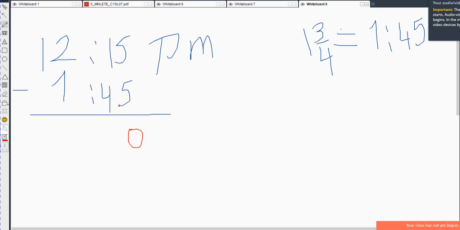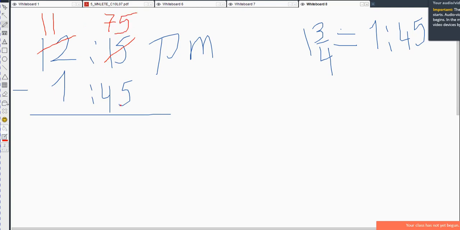15 can't subtract 45. So firstly, you have to take 1 hour from 12 and add it to the minutes. 12 becomes 11, and 1 hour is 60 minutes. So cancel this and add 60 to 15. It will be 75.